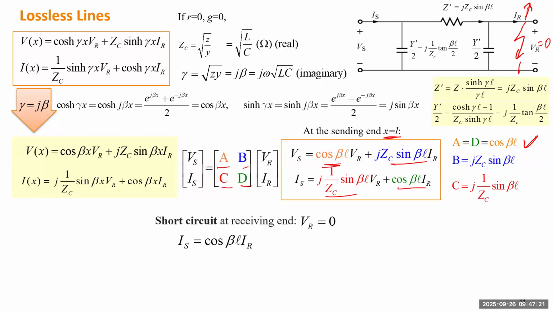By using this formula, this item will be gone. So the current from the source will be equal to cosine beta times the fault current. Because this fault current can be very high, the source current will be the high fault current multiplied by this factor. If this factor is small, the impact to the source can be small, but otherwise the source will be largely impacted.